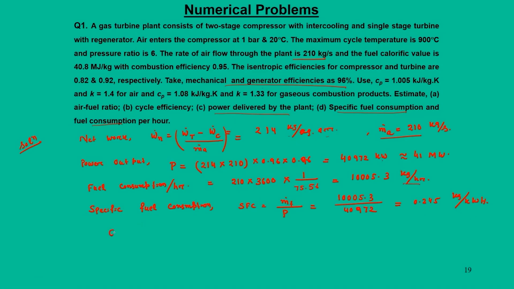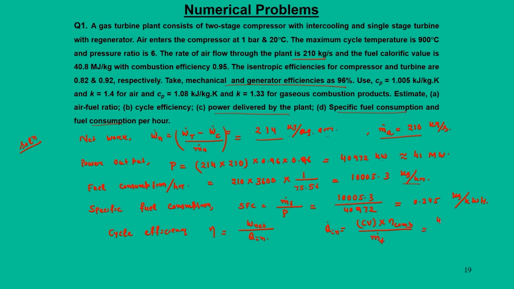Then cycle efficiency. The cycle efficiency eta is nothing but W net by Q in. W net is already calculated as 214, but what we do not know is Q in, that is calorific value into combustion efficiency divided by the fuel flow rate.